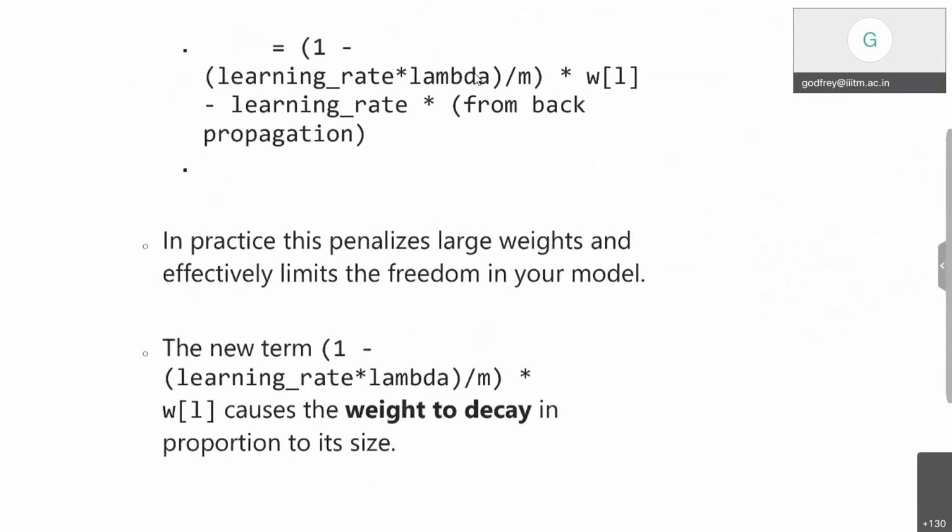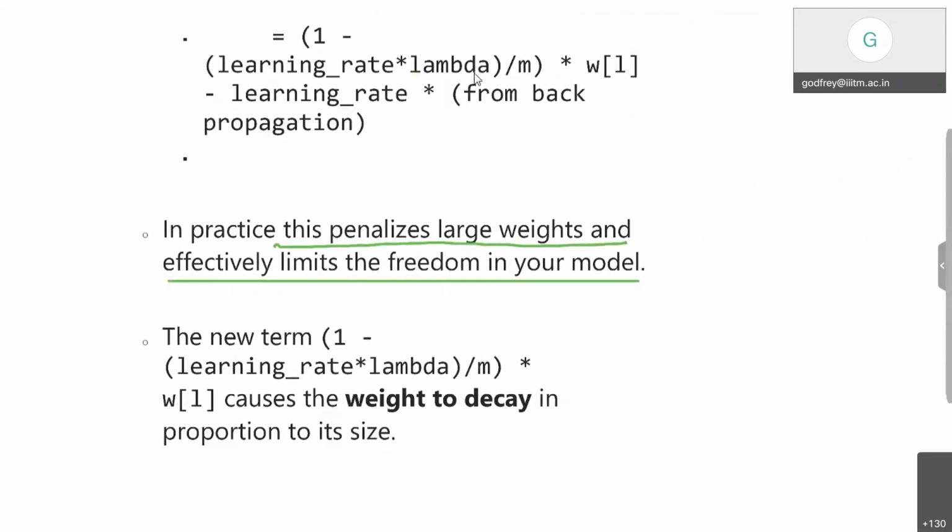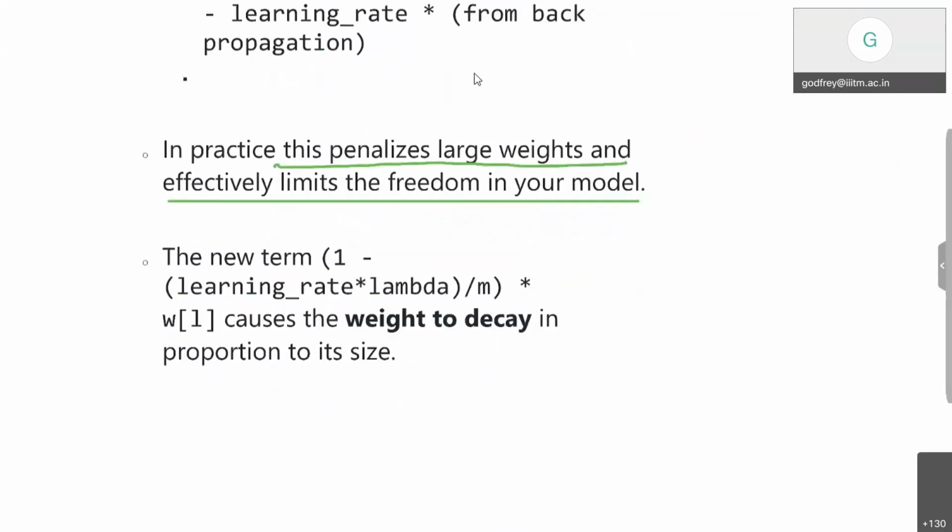So it means that this penalizes large weights and it effectively limits the freedom. It causes the weight to decay in proportion to the size of the weight. So if the weight is more, then it will decay more.